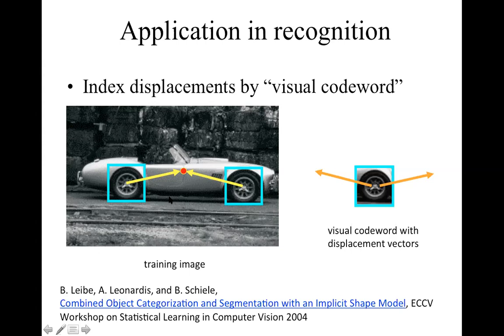Usually a visual code word can be related to a part of your object. Here you see visual code words represented for the wheels of your car, and for each visual code word you index its displacement with respect to the center.